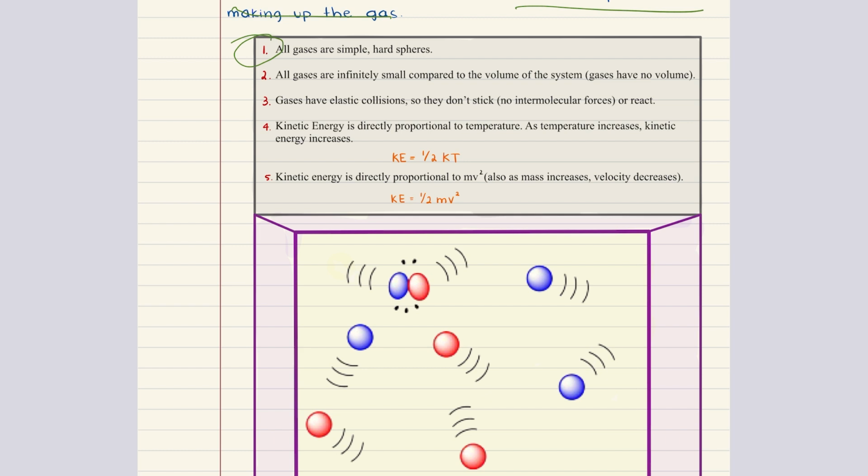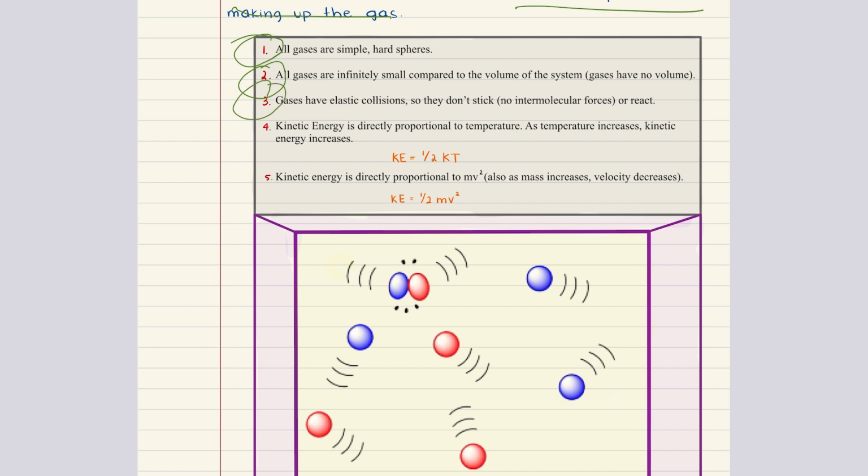The second assumption is that gas particles have no volume compared to the size of their container. Although real gas molecules do have some volume, KMT assumes that they are so small that we can ignore it. This is what allows gases to be compressed much more than solids or liquids.